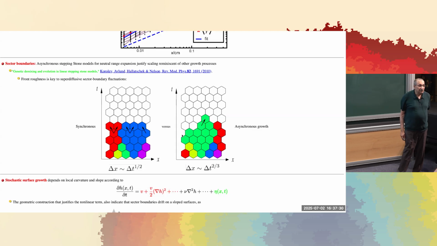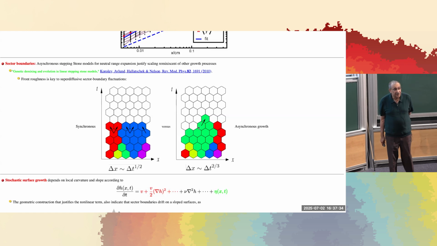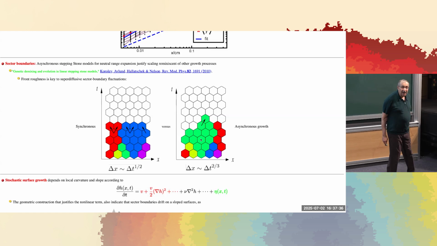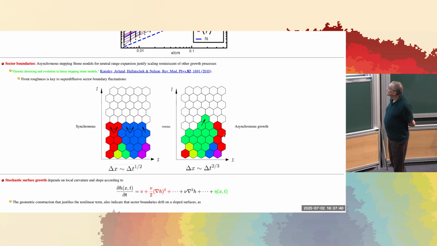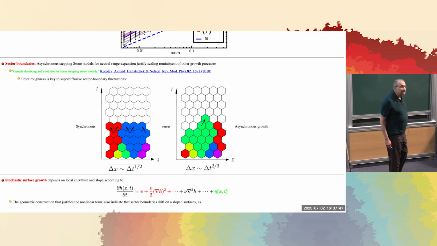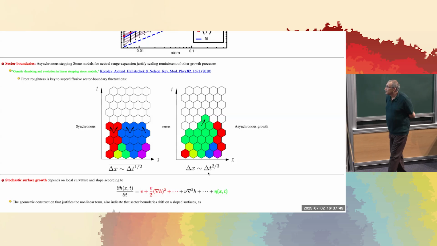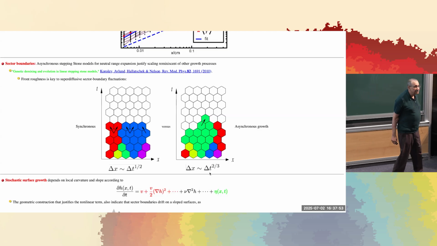So the other version of the model that they had was that any cell that was on the boundary could reproduce. And then again, there was a boundary between 2 different colors, and now the fluctuations of that boundary had this 2/3 scaling, which was seen in the experiment.